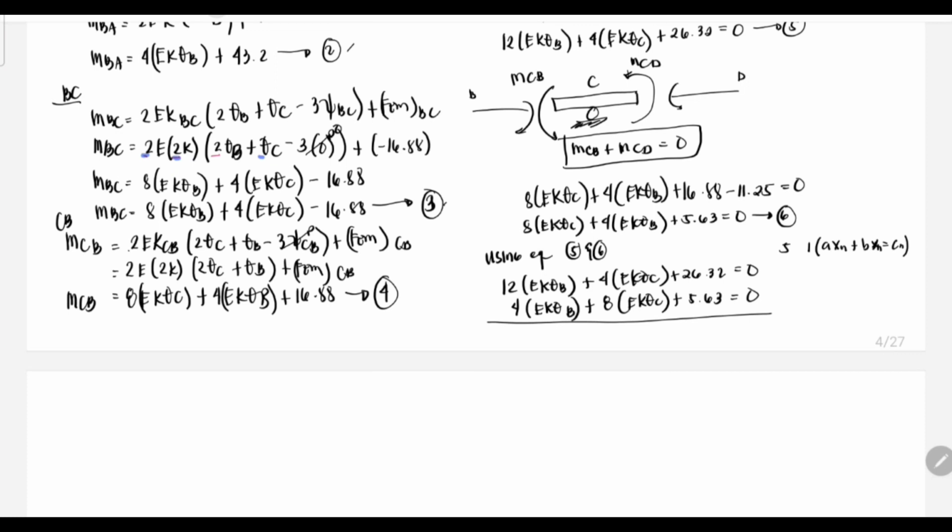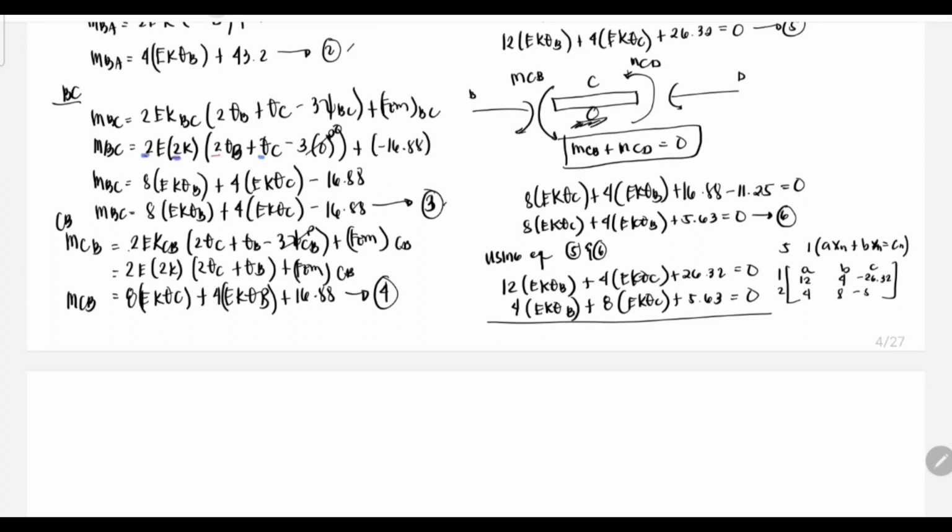Okay, so ito po, ang gagawin nyo lang, makikita nyo sa calculator nyo, we have A, B, C. So 1, 2. So yung value dito, ilagay nyo 12, dito 4. Ito naman po 4, ito 8. Tapos, itong C natin, yung constant natin, transpose sa kabila. So, it will become negative 26.32.